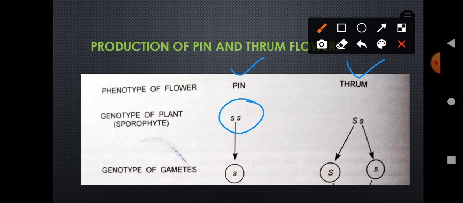On the other hand, thrum type flowers are produced when one allele is dominant, that is capital S, and the other allele is recessive, that is small s. So it should be kept in your mind: when both alleles are recessive, pin type flowers are produced, and if one allele is dominant and the other is recessive, thrum type flowers are produced.